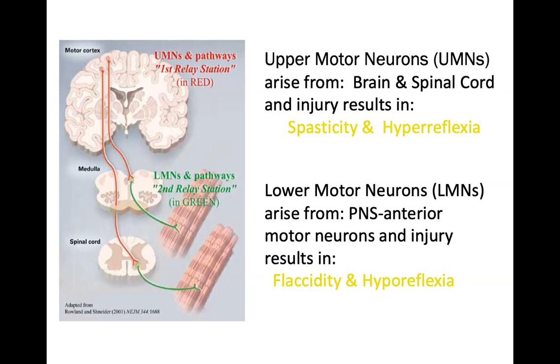If you injure a lower motor neuron, something coming from the peripheral nervous system, either a cranial nerve or a spinal nerve, you're going to see flaccidity and hyporeflexia.